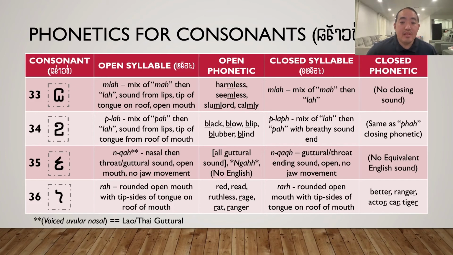Now if you pronounce both open syllables, nga, ngag. Like I said, it's a nasal sound first, and then a guttural throat sound with the open mouth, and there's really no jaw movement. So it's pretty much all guttural sound. There's really no English word for this, but you'll hear it in Thai or Lao, like nga, ngai, ngo.